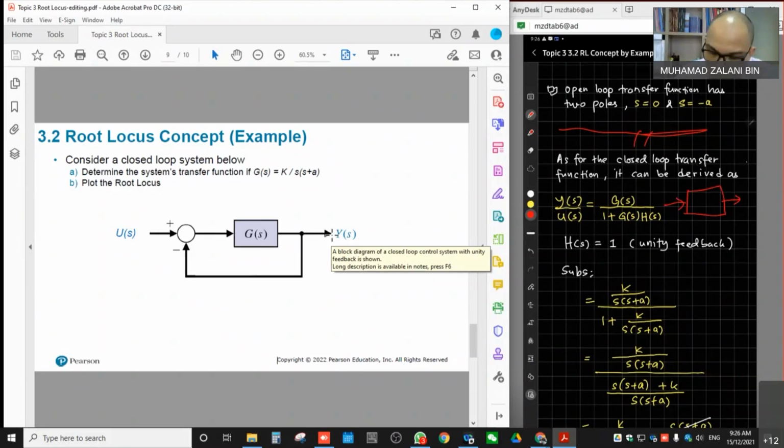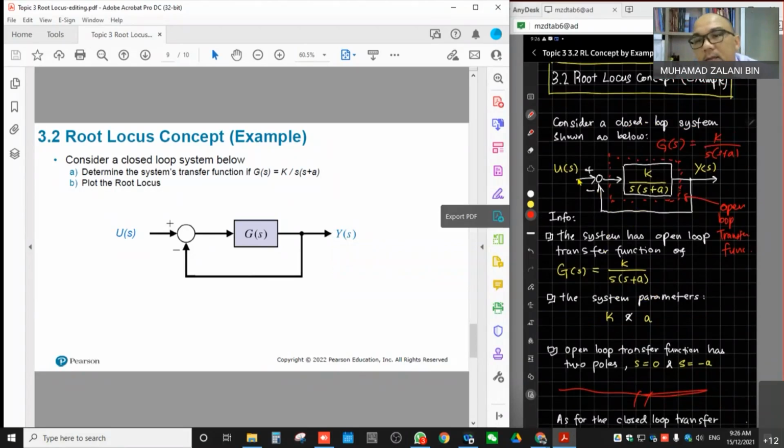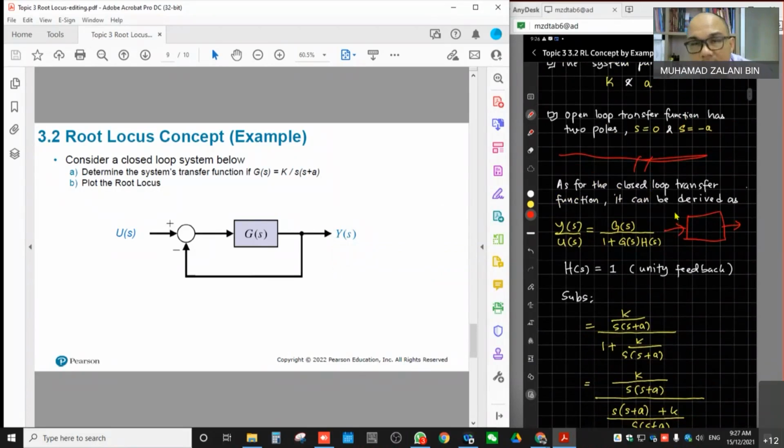Actually, we can transform this closed loop unity feedback control system into this single block diagram, by the block diagram reduction that we have done before. The block diagram has output Y(s) and input U(s), and what is inside is G(s) over 1 plus G(s)H(s).